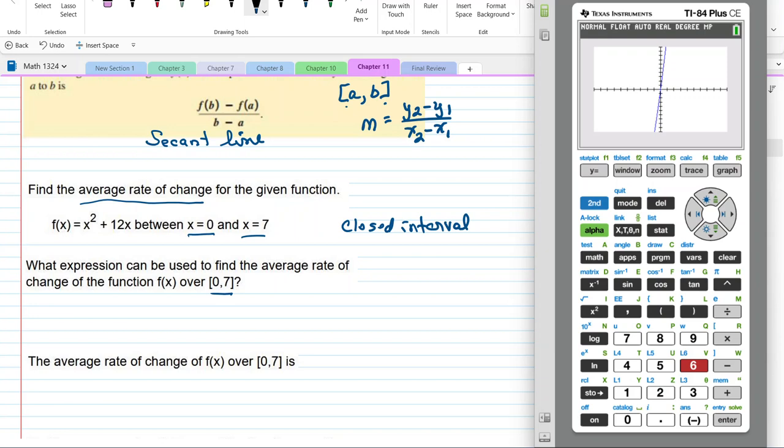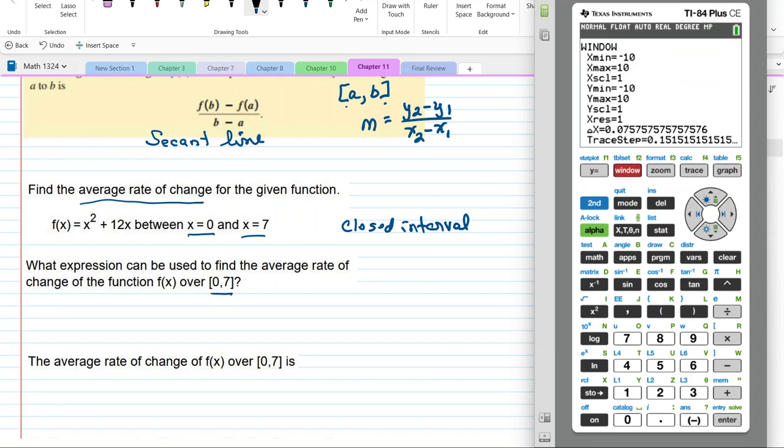And we're talking 0 to 7. So I'm going to change my window a little bit to negative 3, 25, with increments of 5, and then negative 3 and a positive 0.25. Let's do that and see what the graph looks like.